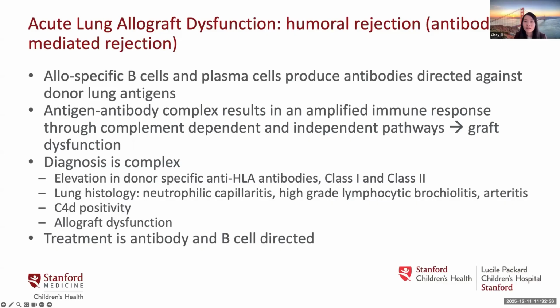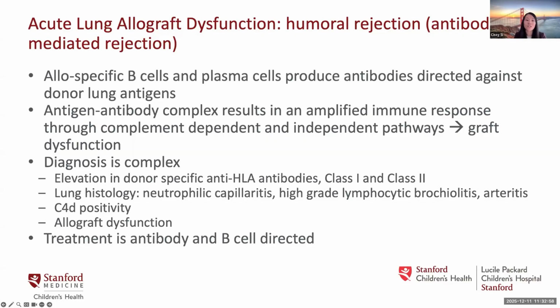Diagnosis of this is complex and includes a combination of elevation of donor-specific HLA antibodies, abnormalities seen on lung histology, including capillaritis, arteriolitis, or bronchiolitis, as well as C4d staining positivity, as well as allograft dysfunction.